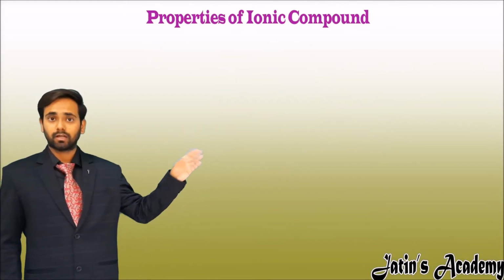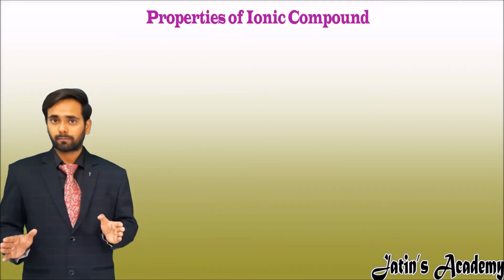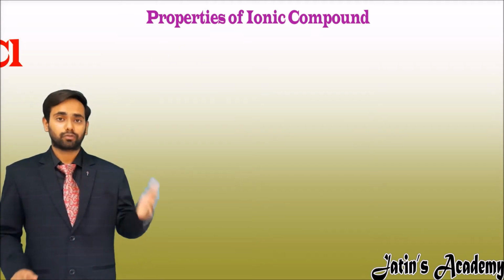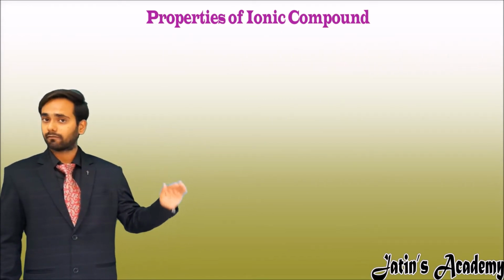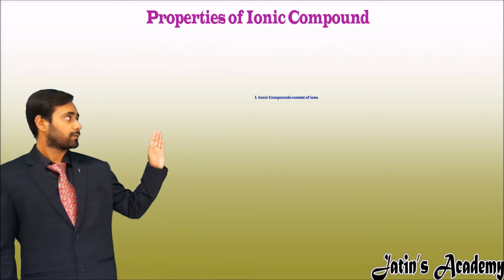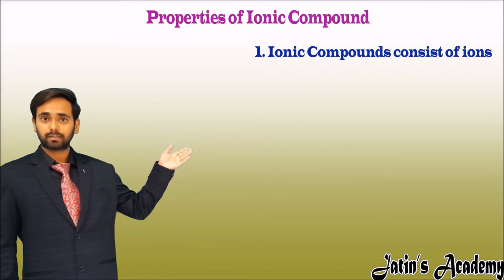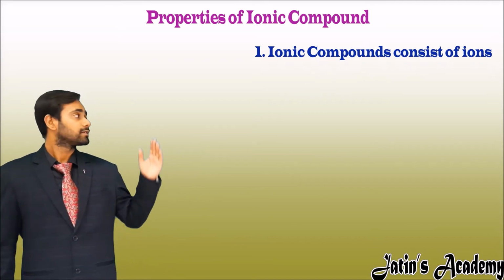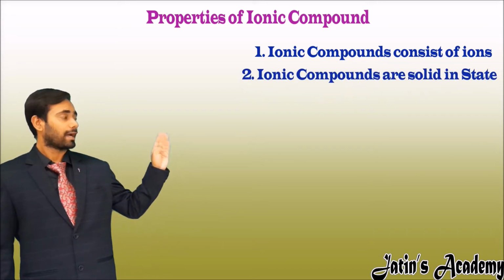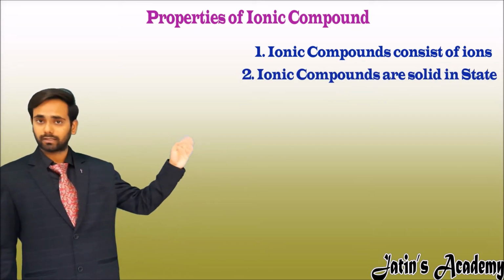Now let's see the properties of ionic compounds. In order to remember the properties, just remember sodium chloride. Sodium chloride is NaCl and we use it in our homes. First property: ionic compounds consist of ions, meaning positive ions and negative ions. Second, ionic compounds are solid in state.